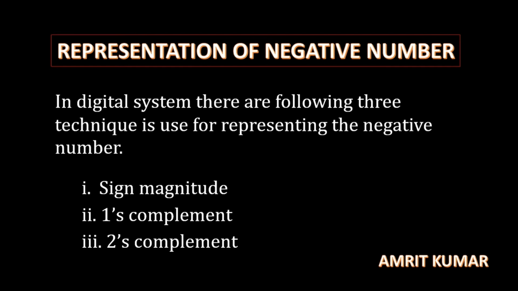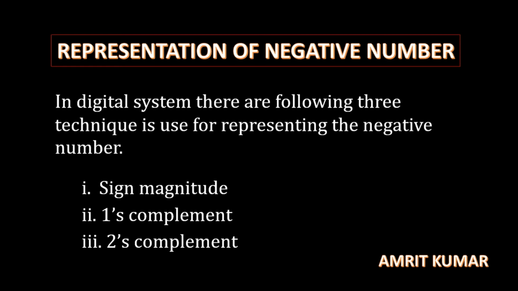These are sign magnitude, first complement, or one's complement, and second complement, or two's complement. So we can represent a negative number in a digital system by three techniques: the first one is sign magnitude, the second one is one's complement, and the third one is two's complement.